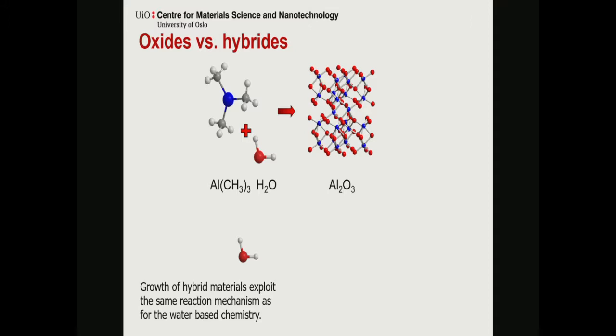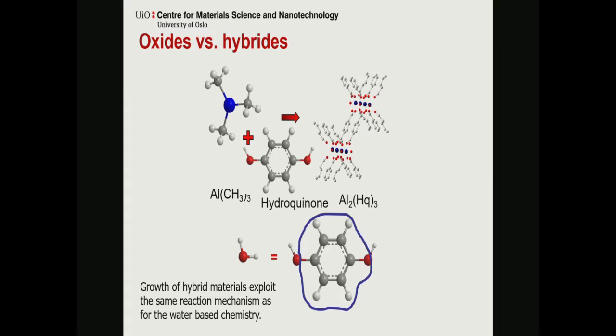When you design your system, you know that this works. Can you then find something that is water, but not water? One of the first things that we tried was hydroquinone. If you just remove this part in the middle here, you're left with water. So the question is, does it react like water? And in essence, it does. It gives you a structure resembling this.